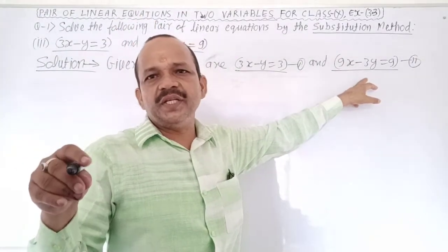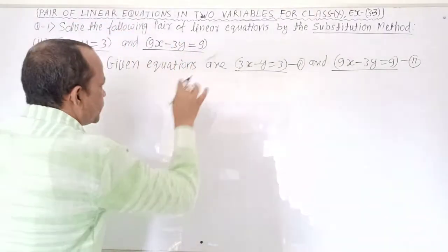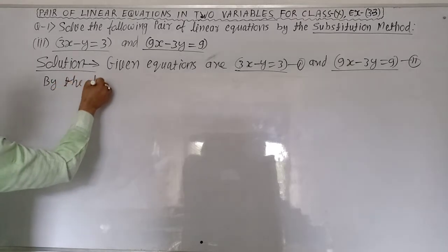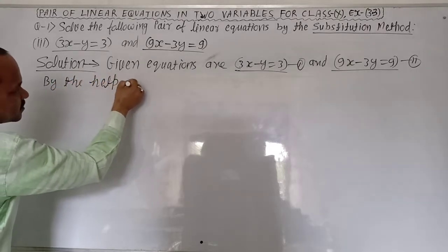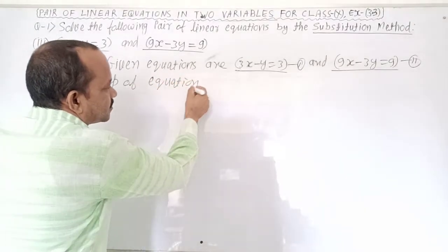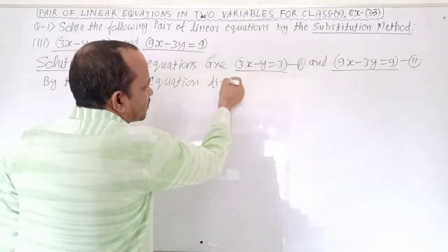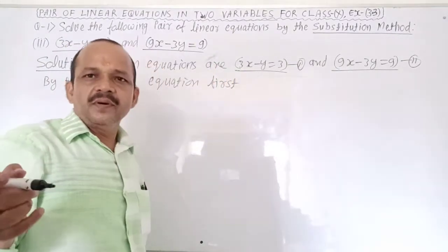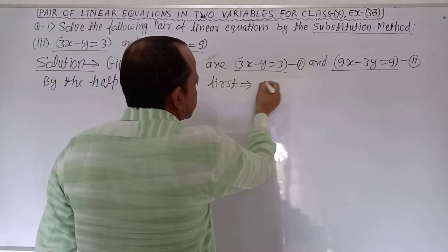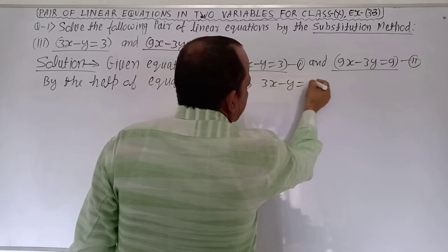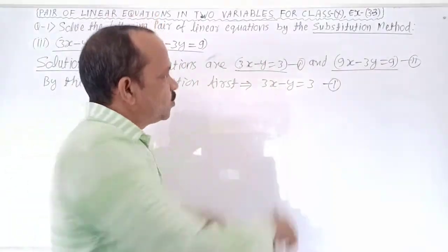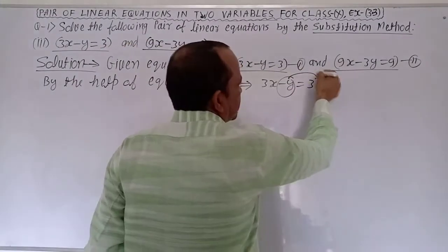Very good. By the help of equation first, 3x minus y equal to 3. You write y on the right side of equal.